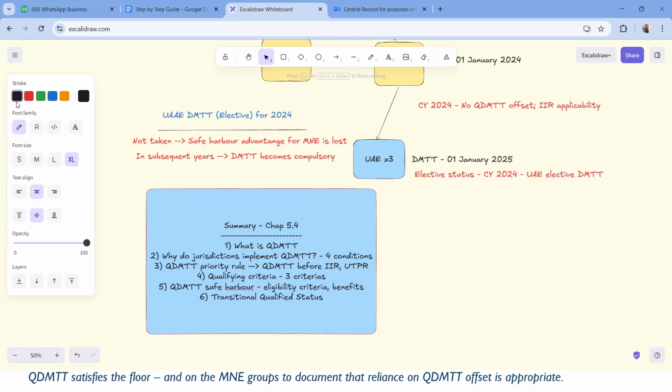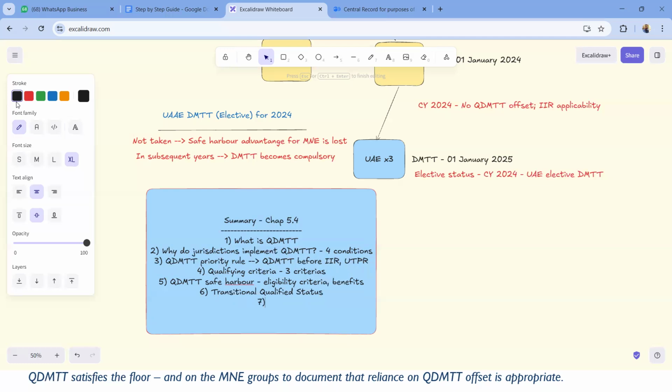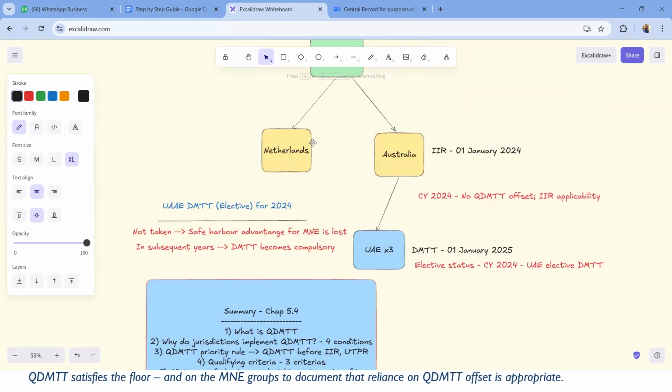But the point is, tomorrow, if your peer review is completed and it is not successful, then you would have to retrospectively pay the IIR. And also we have the election for the introductory elective QDMTT for the introductory years, which is basically this diagram here.